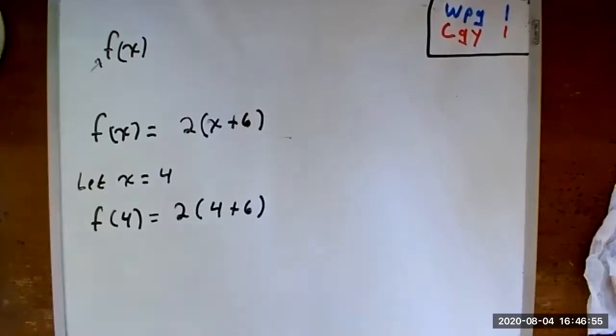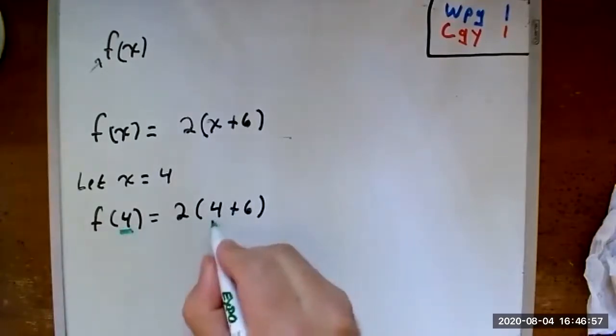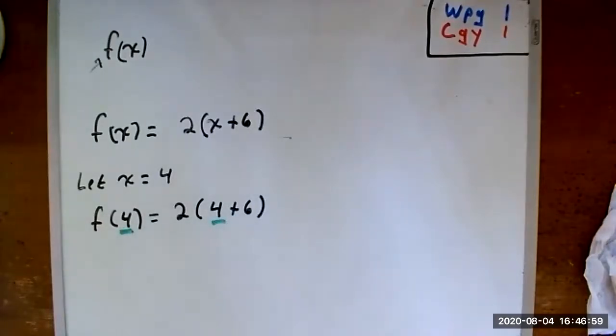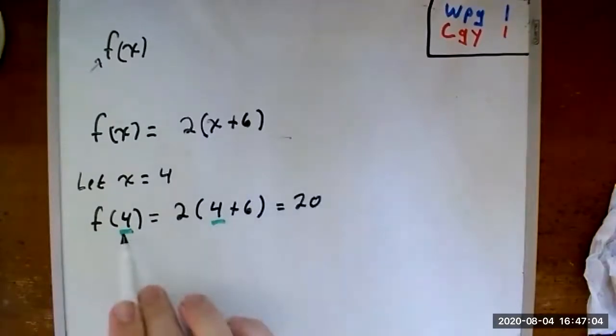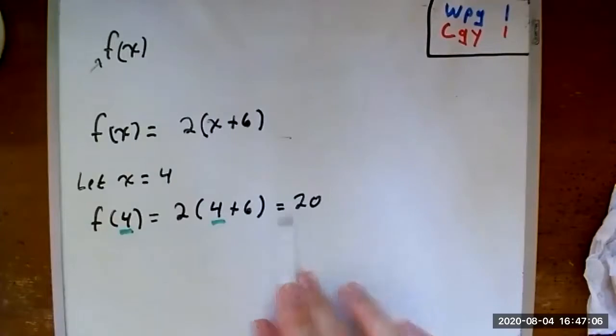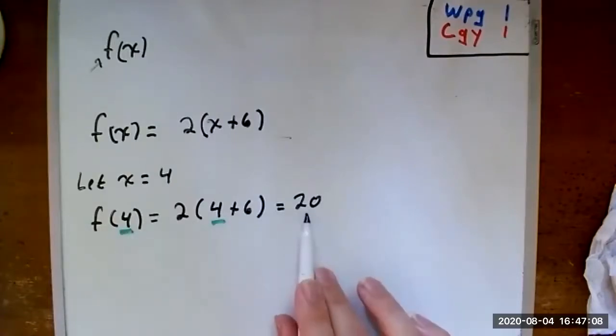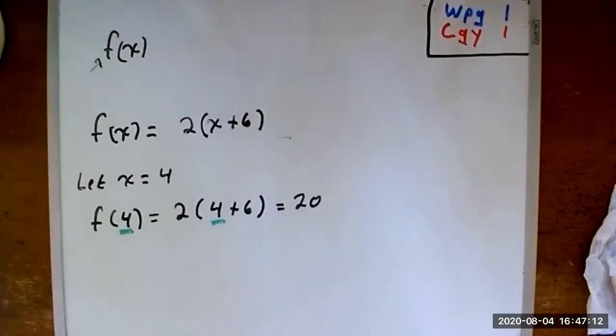Whatever we've replaced x with in the brackets is what we replace x with in the equation. Okay? This 4 is that 4. So then we know that the function at 4 is going to be equal to 20. There's our input, there's our output.